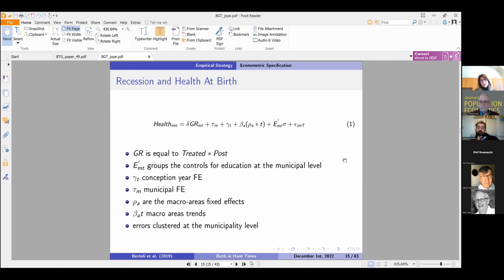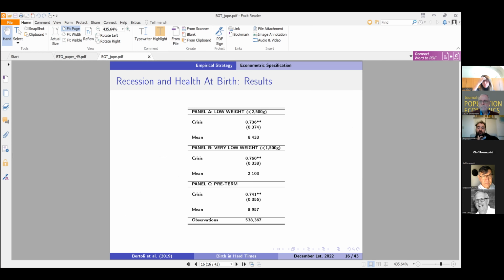These are our results. The average effect: you see that the Great Recession increased the likelihood for immigrant newborns to be low weight, very low weight, as well as preterm. Just to give you a flavor, for low weight, we are talking about an increase in the probability of being low weight by 8.7%.